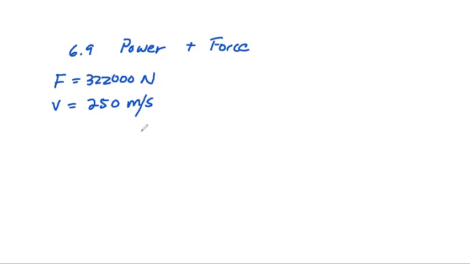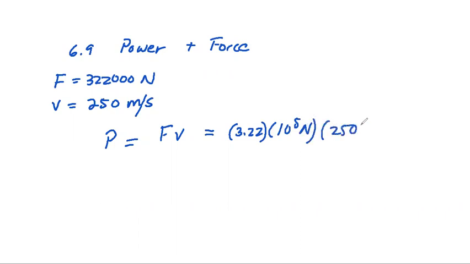Okay, so first we need to know the power, and we're going to solve that in watts. Power equals force times velocity, because it's work over time. So this is going to be 3.22 times 10 to the 5th newtons times 250 meters per second.